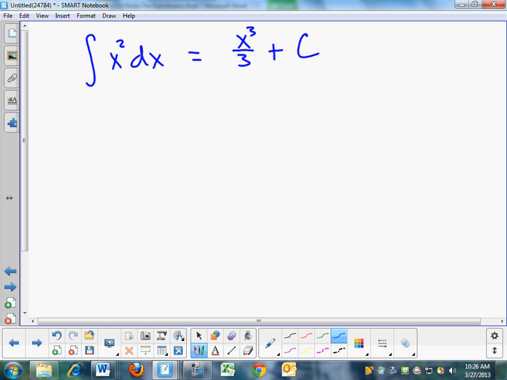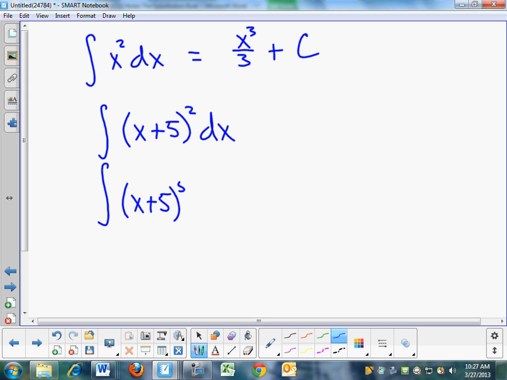Now, let me change it. What if it was like this? Yes, you could multiply it out, no problem. What about that? That you're not going to multiply out.